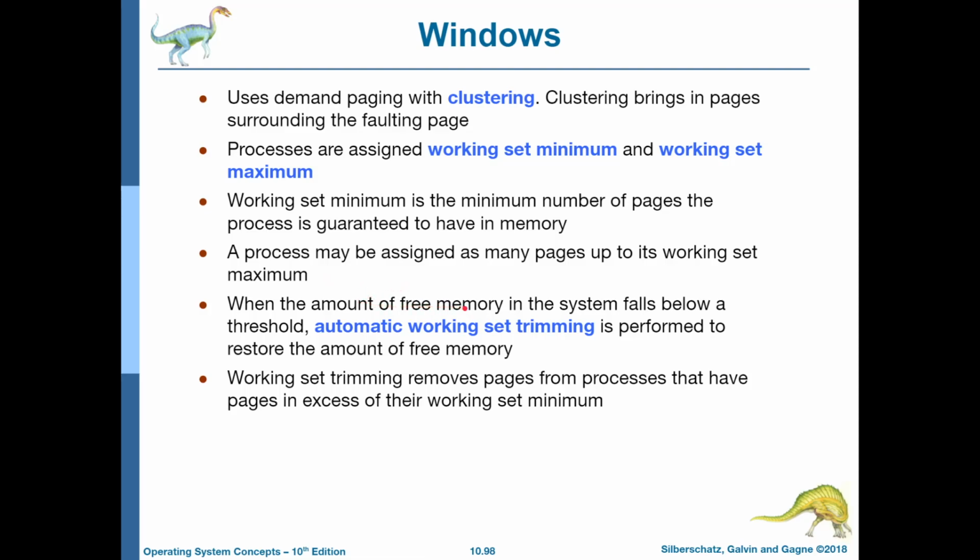But when the amount of free memory falls below a threshold, then there'll be some automatic working set trimming so that memory is freed up from a process if it's above its minimum. So this is a way for Windows to figure out which processes can give up frames based on the working set minimum. And these are all configurable values that allow you to adjust the performance of a particular program.